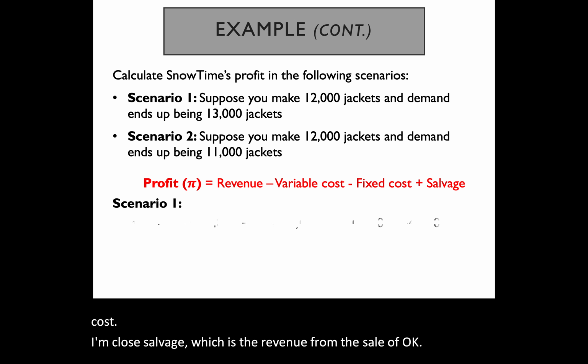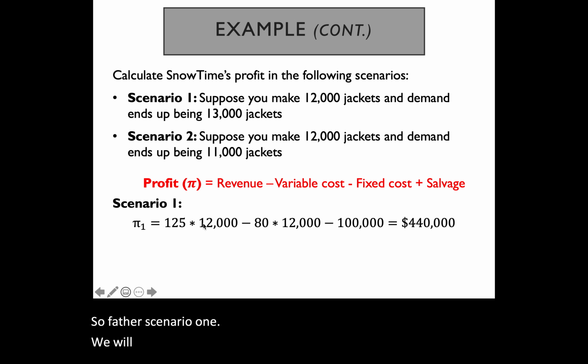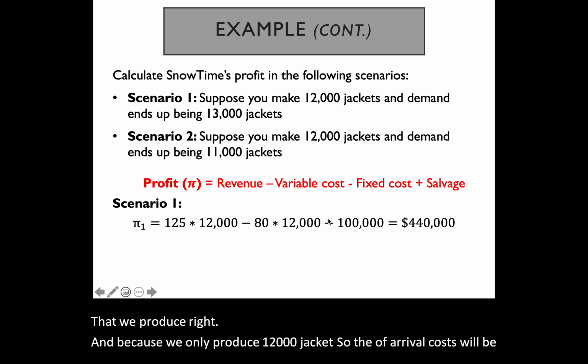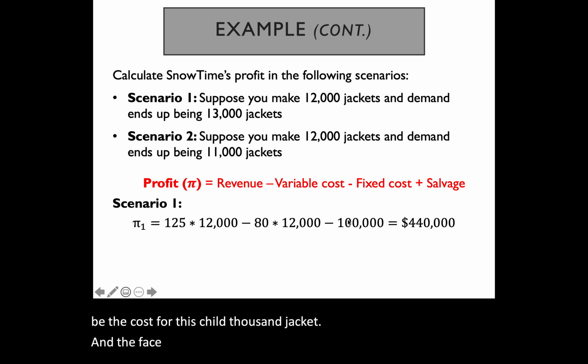So for scenario one, we have the revenue coming from the 12,000 units that we produce, right? And because we only produce 12,000 jackets, the variable cost is the cost for these 12,000 jackets, and the fixed cost is $100,000, which doesn't change for any scenario.